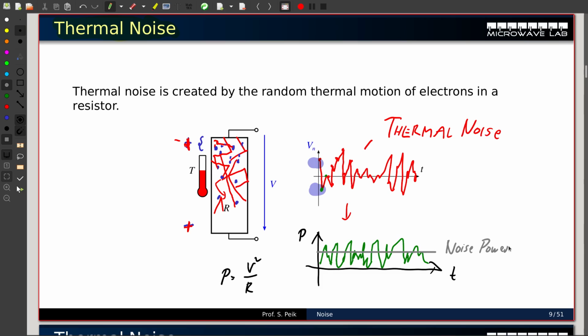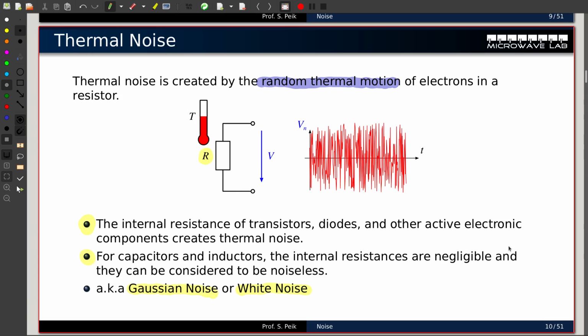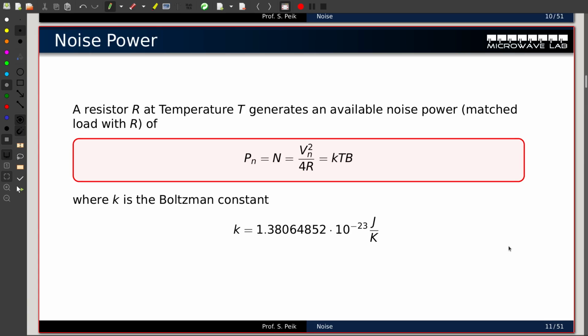When we go into the physics of the resistor and the thermal movement, we can actually figure out a formula for the amount of noise power produced. So the noise power, Pn, most often noted as just N, is my voltage squared over the resistance. There's also a 4 coming in because it's double-sided, and also it's not the peak value but the average or RMS value. That's not of interest right now.